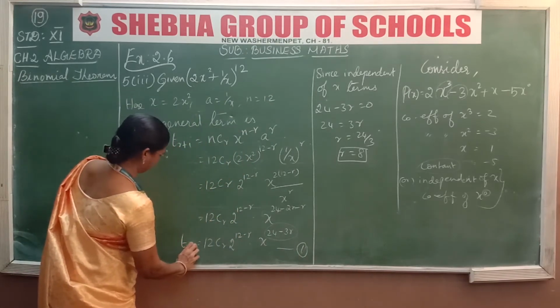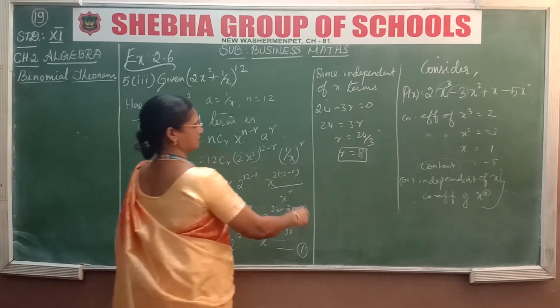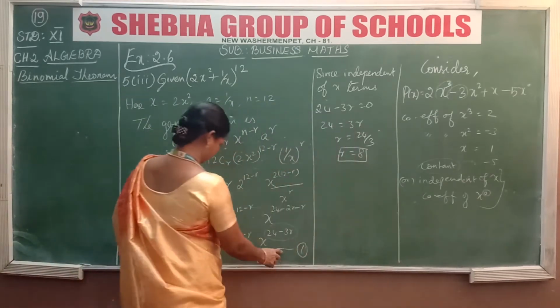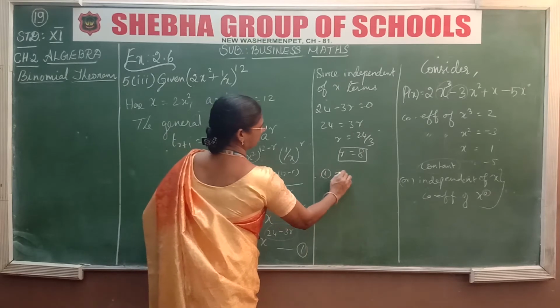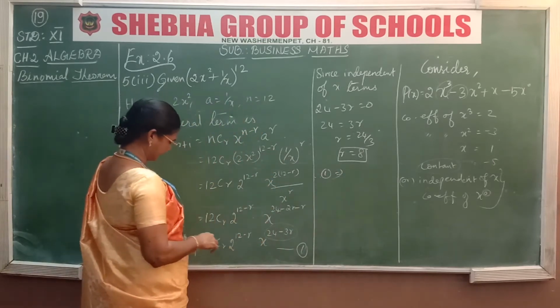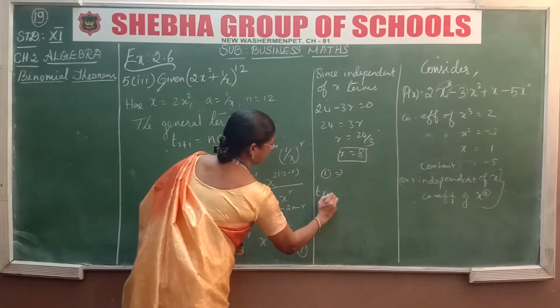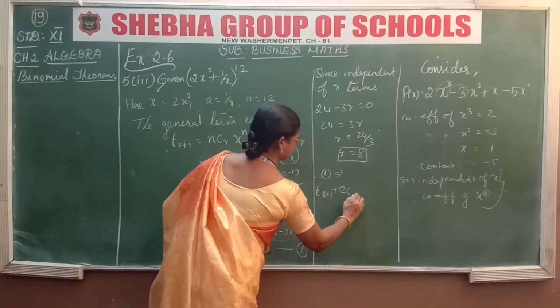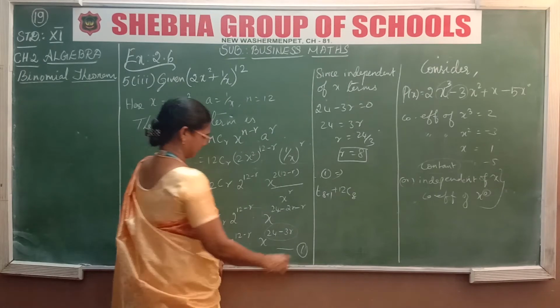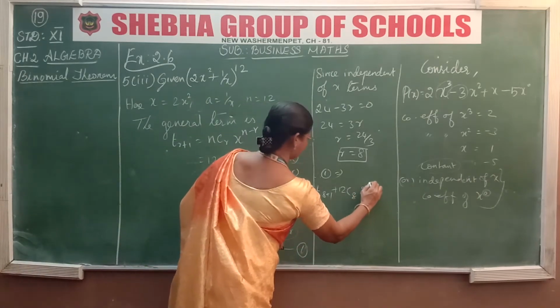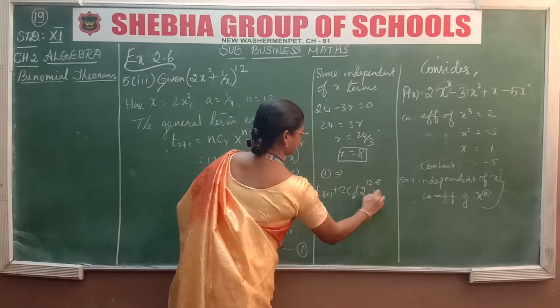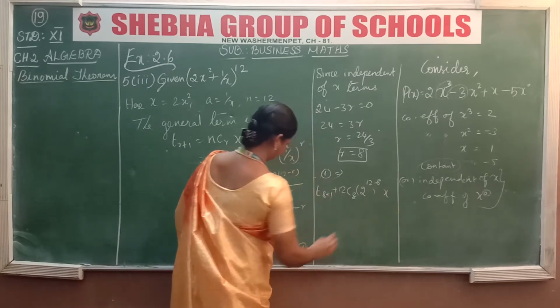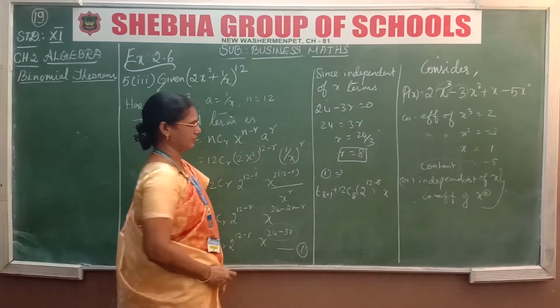This is r plus 1, isn't it? Substituting in 1, we get our first equation becomes T8 plus 1, that is T9 equals 12C8 and 2 power 12 minus 8 into x to the power what? 24 minus 3, 8s are 24.